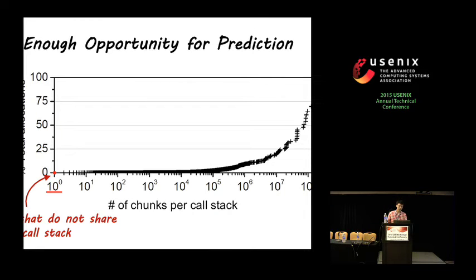The y-axis is the total number of allocations, and the other axis is the number of chunks per call stack. As we can see, only a small fraction, less than 1% of chunks, do not share a call stack. So there will be a lot of opportunity to make the prediction.